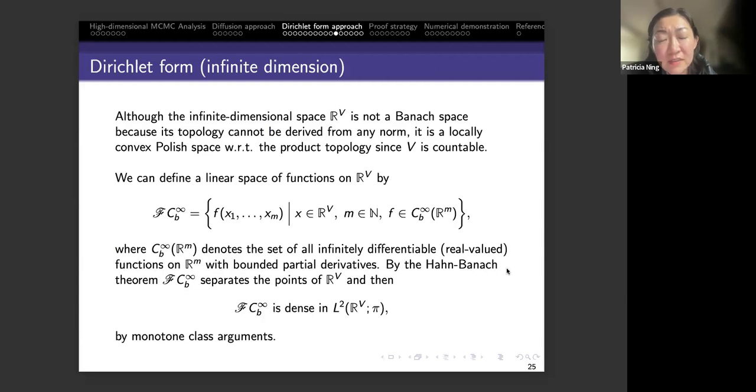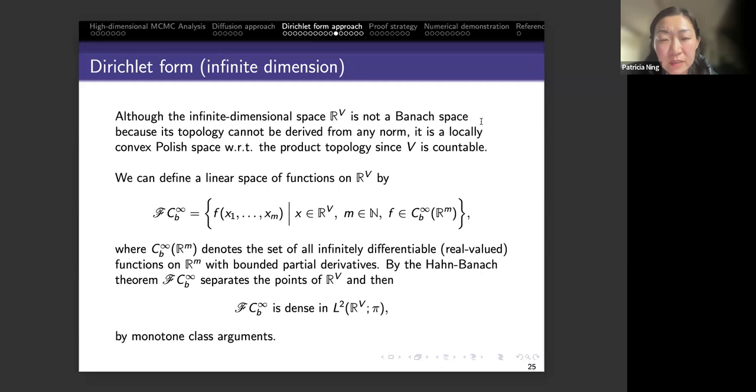Okay, so now let's analyze the infinite dimensional Dirichlet form. That's the limiting situation corresponding to the limiting infinite dimensional Langevin diffusion. So we have the infinite dimensional Dirichlet form. Although the infinite dimensional space R^V is not a Banach space, as we just explained, because its topology cannot be derived from any norm, it's a locally convex Polish space.